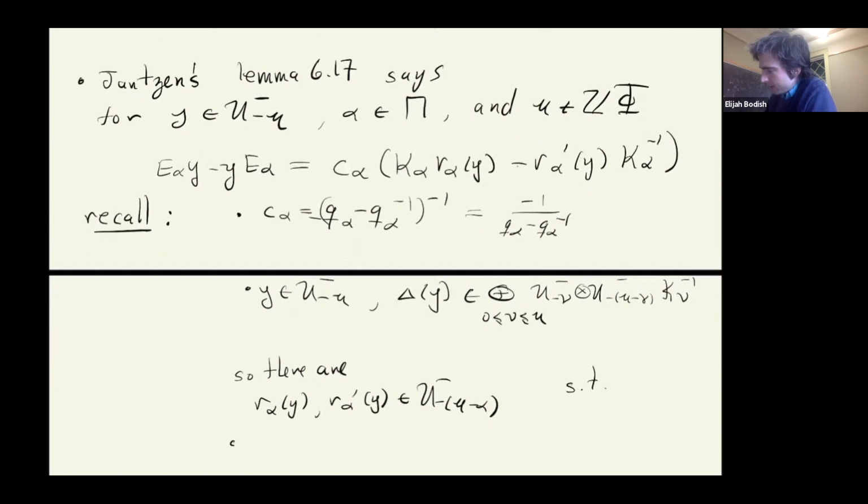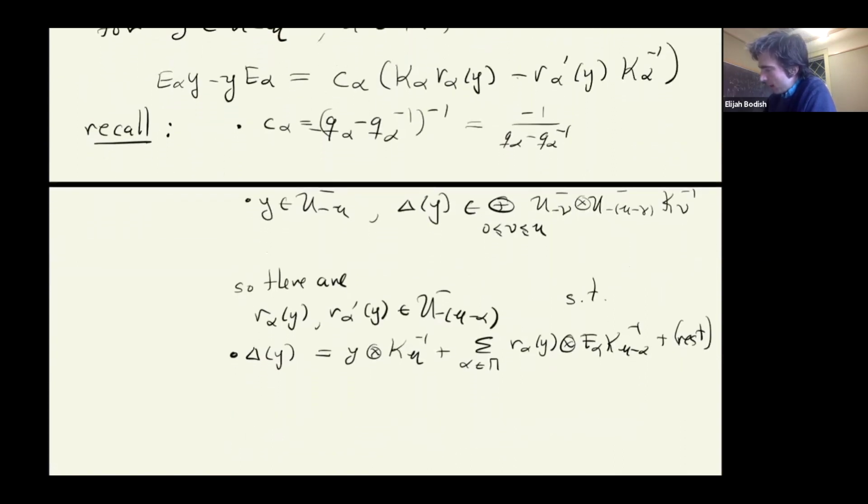I can write delta of y in terms of this direct sum as y tensor K mu inverse plus, and then I sum just over simple roots. And these are where my R alpha y's live, tensor F alpha K mu minus alpha inverse plus the rest of the terms.